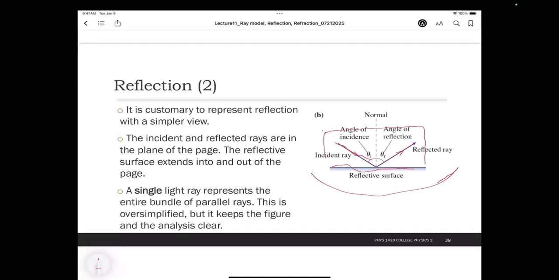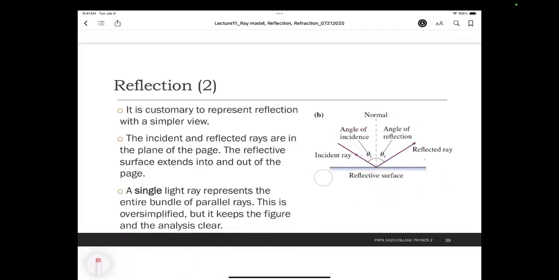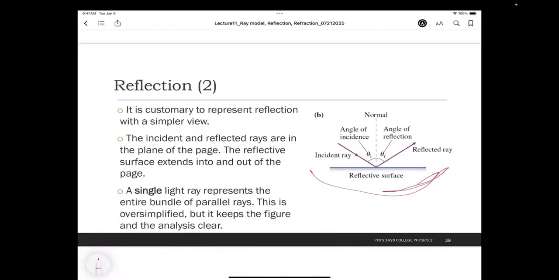This is oversimplified, but it keeps the figure and the analysis clear. This is just one incident ray and one reflected ray, but in reality there are many parallel rays. We just want to use this simple one to describe the law of reflection.